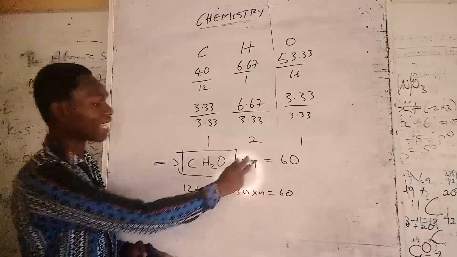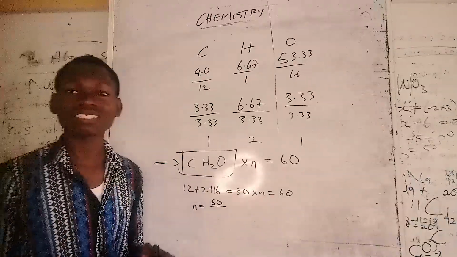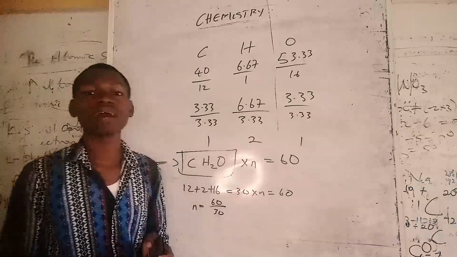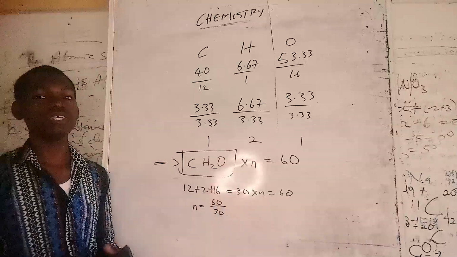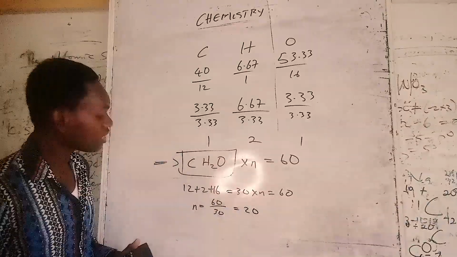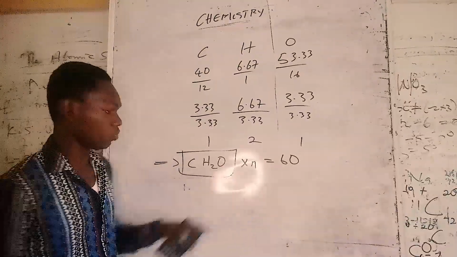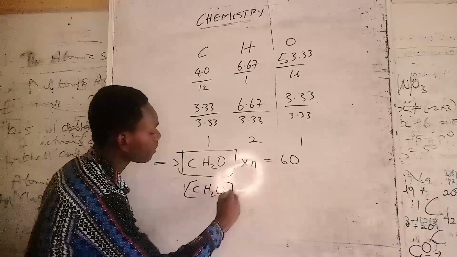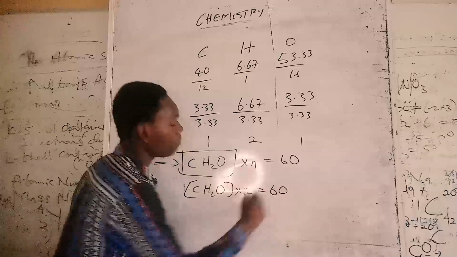How do we identify that n? n will be equal to the relative molecular mass that was given to us in the question divided by the relative molecular mass of the empirical formula, which we have calculated here to be 30. So 60 divided by 30 is 2. Since we've identified that n is 2, it means this empirical formula times 2 will give us the molecular formula.